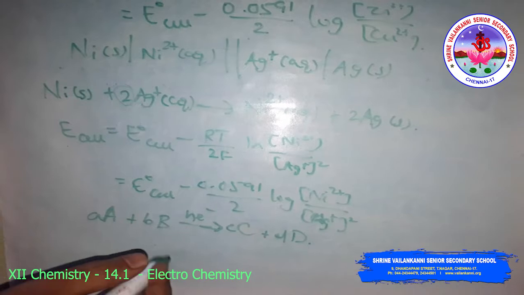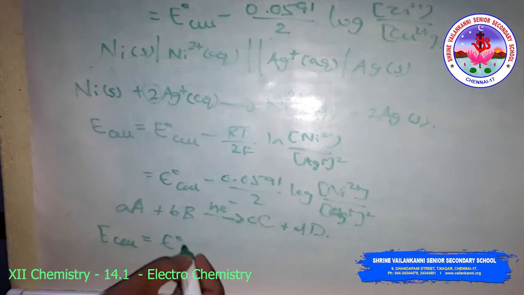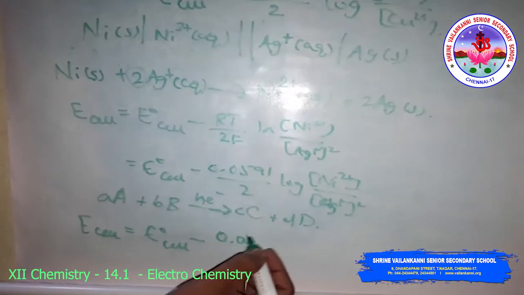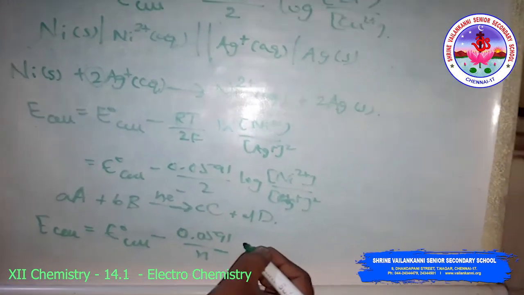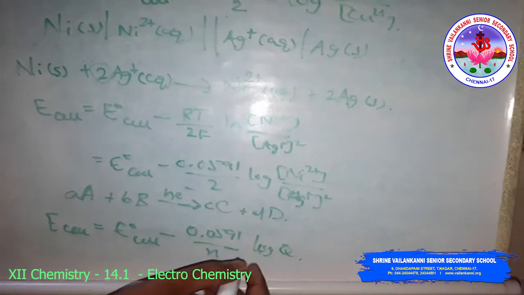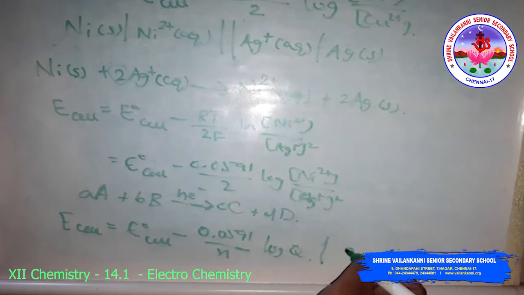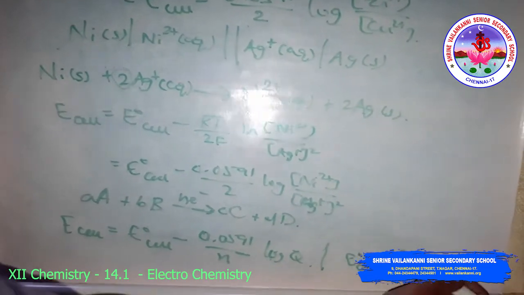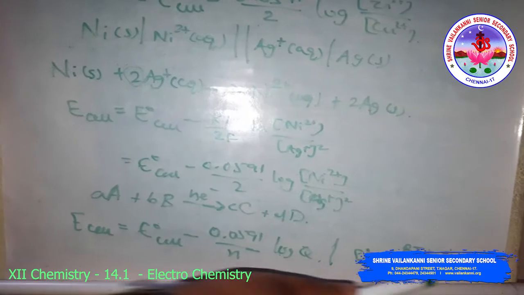The Nernst equation can be written like this: E cell is equal to E naught cell minus 0.0591 divided by n, the number of electrons, into log Q. Or if you do not convert to log, you can write E naught cell minus RT divided by nF into ln Q. This Q is the reaction quotient.